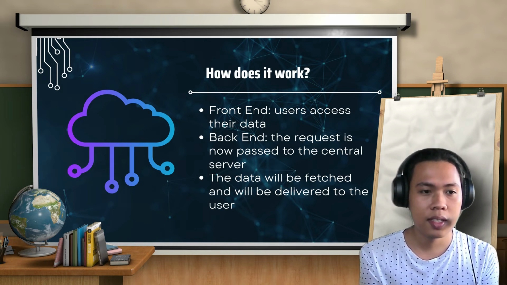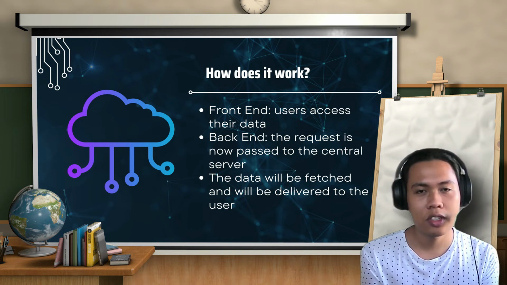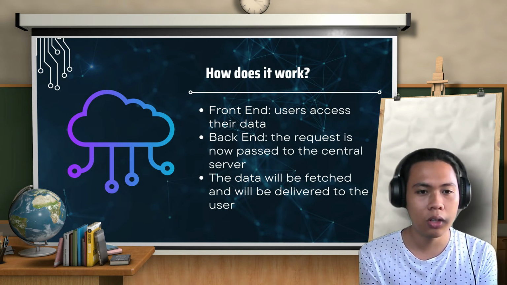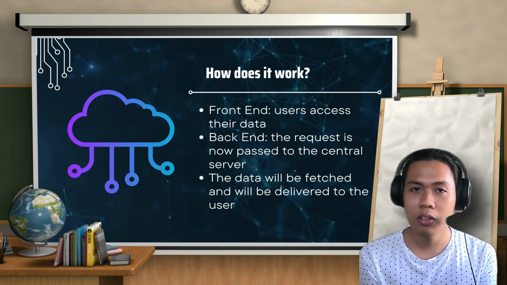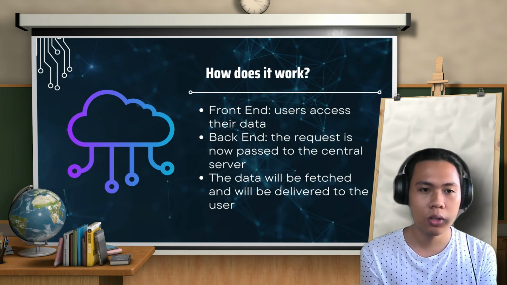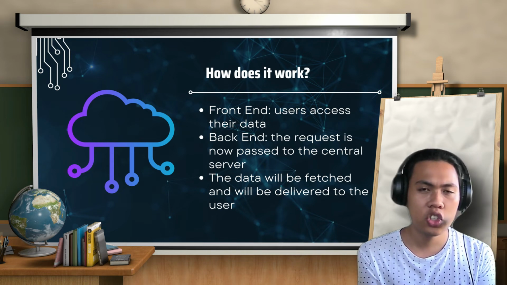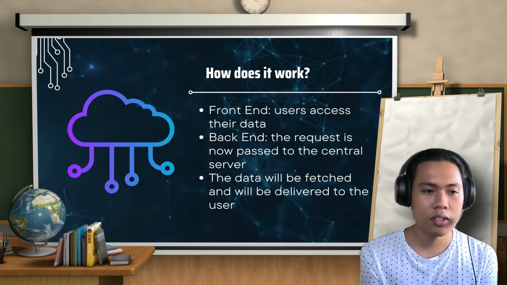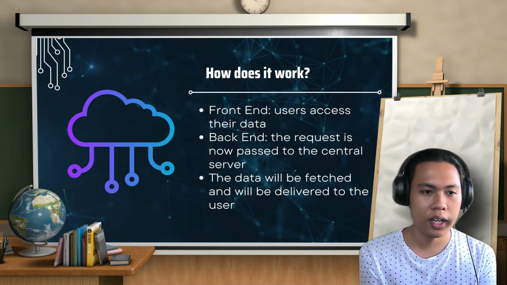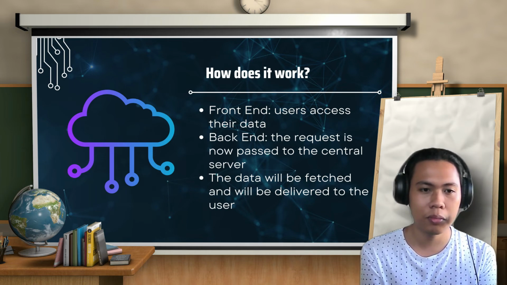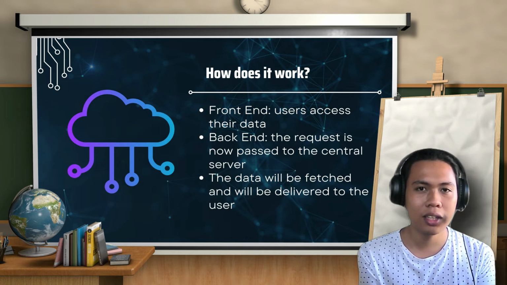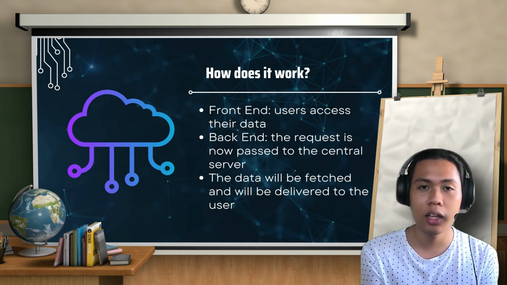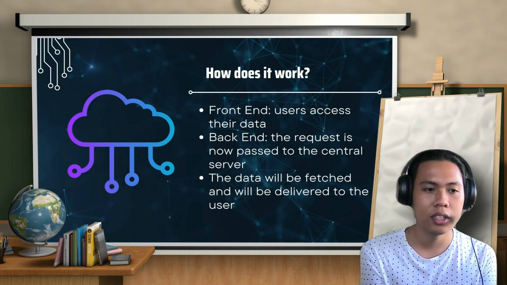The user's request to access their data is now passed along to the central server. The central server then follows certain rules known as protocols, and additionally, the central server also uses a middleware that lets the network of computers communicate with each other. And lastly, the data will be fetched from the back end and delivered to the user.